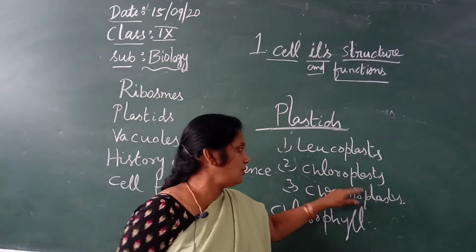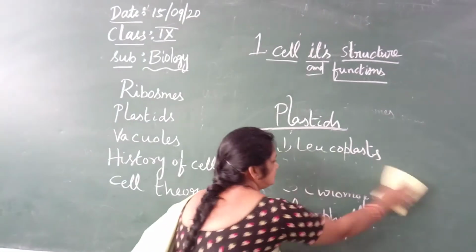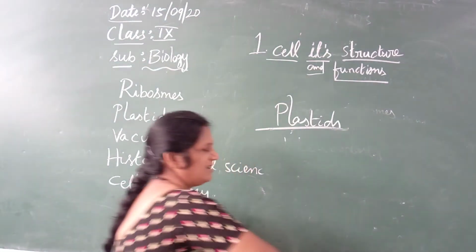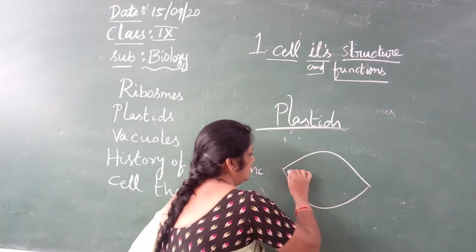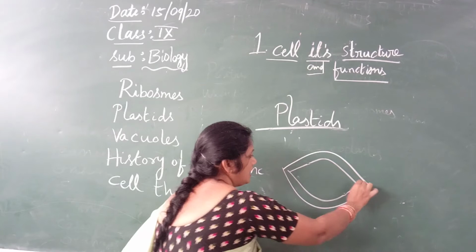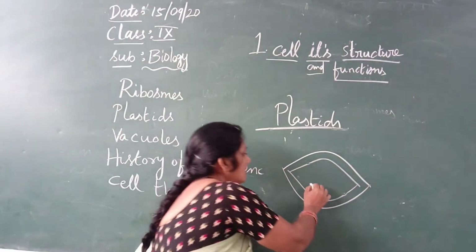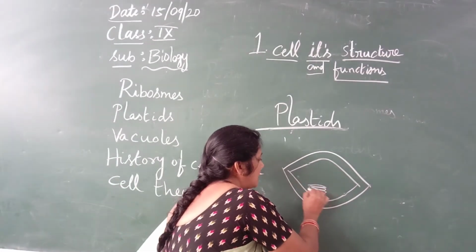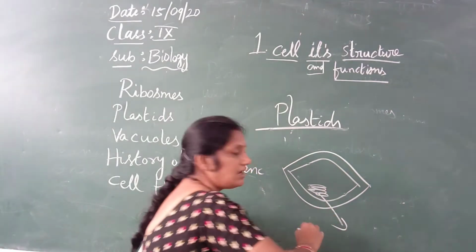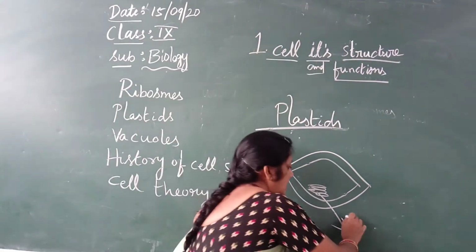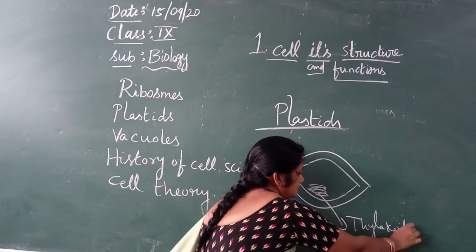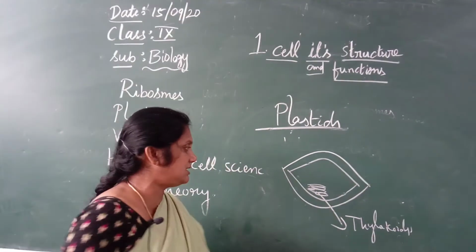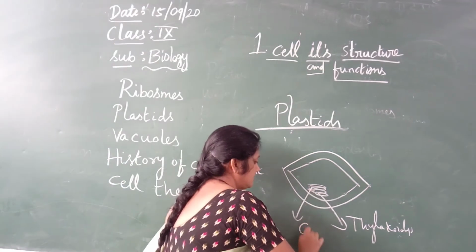The chloroplast is a double layered structure, and it contains membrane structures called thylakoids. These thylakoids are present in the grana.